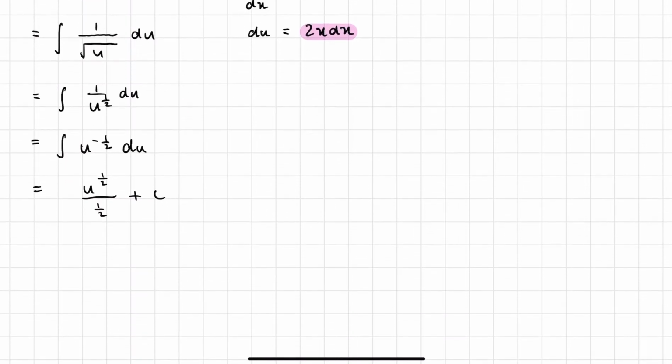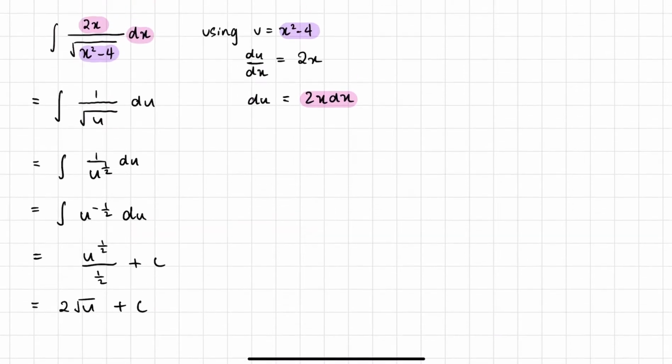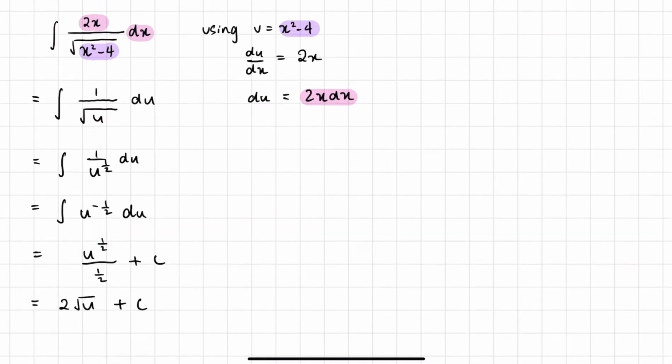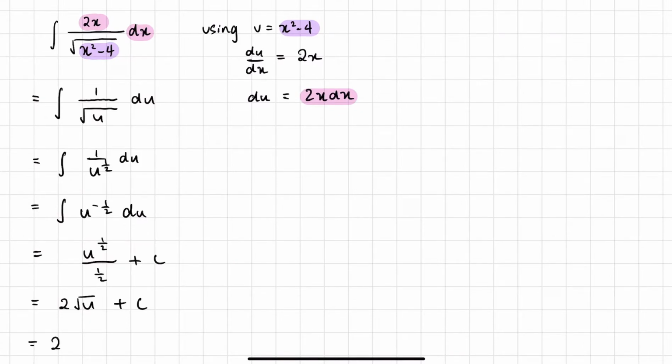Now we can simplify this and say 2 square root u plus c. And the last thing we need to do is make sure to sub the u back in. And that's the answer.